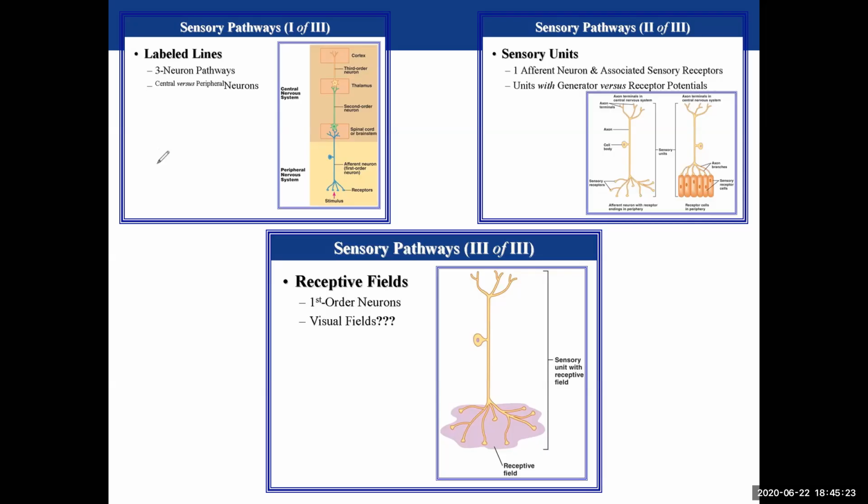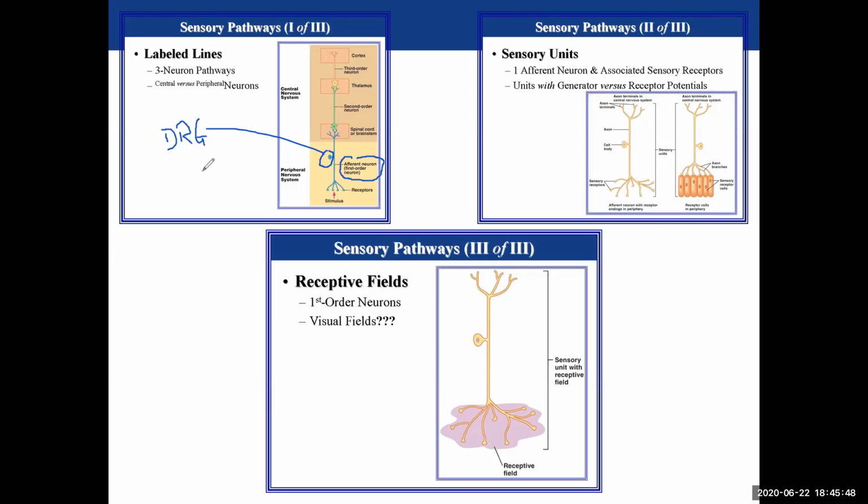So the first order neuron is in blue, which is a sensory neuron belonging to the peripheral nervous system, because these cell bodies are aggregated in the DRG, the dorsal root ganglion, right?